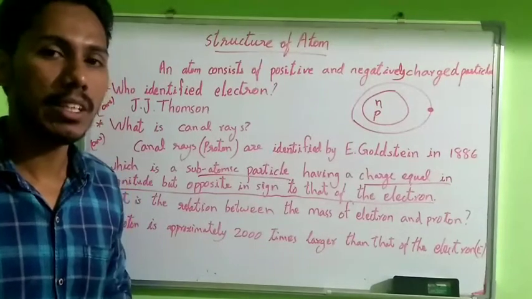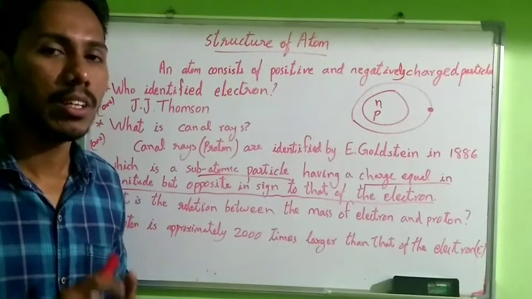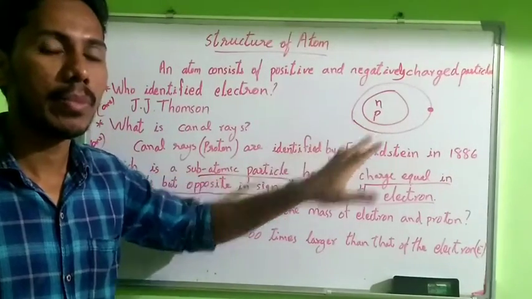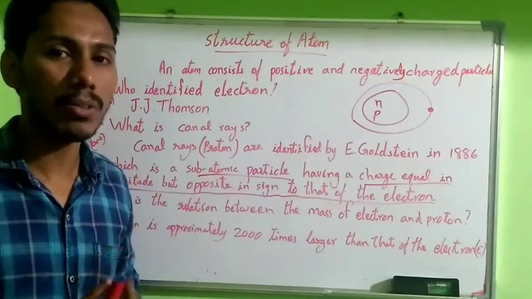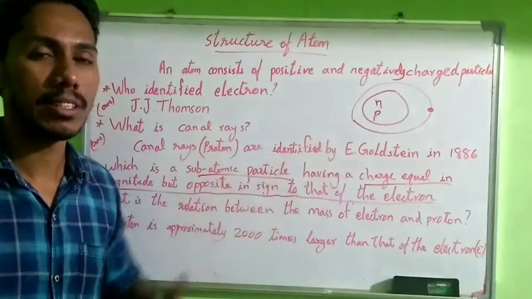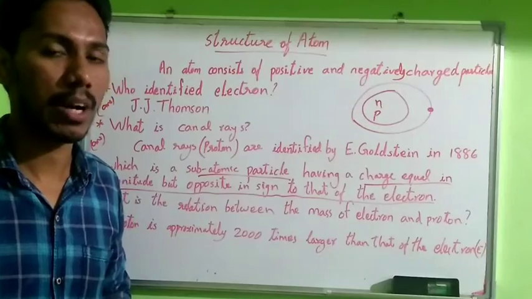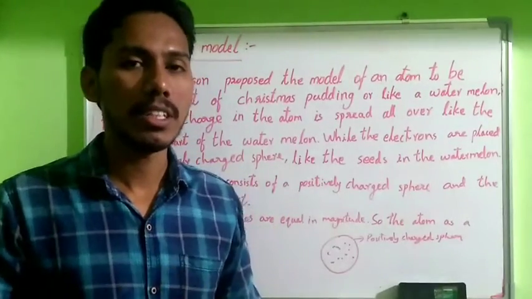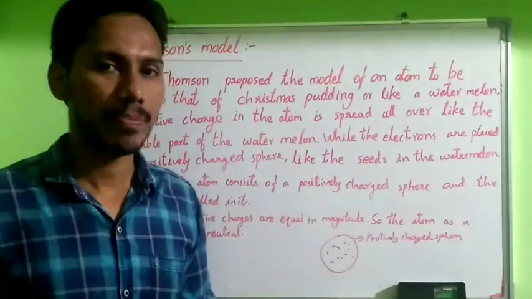Okay, we have to study the discovery of the atom's structure. Many scientists studied the structure of an atom and explained the atom and nucleus. Then Thomson's model, the first theory about the structure of an atom.